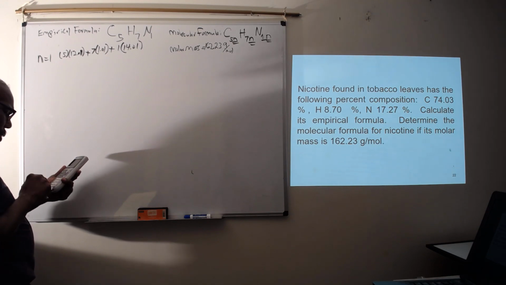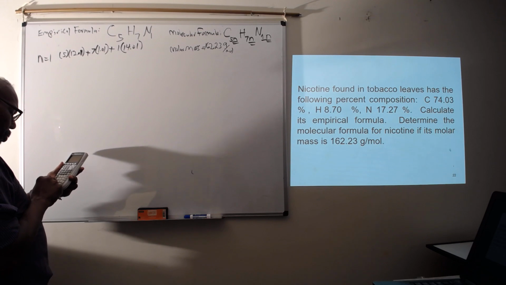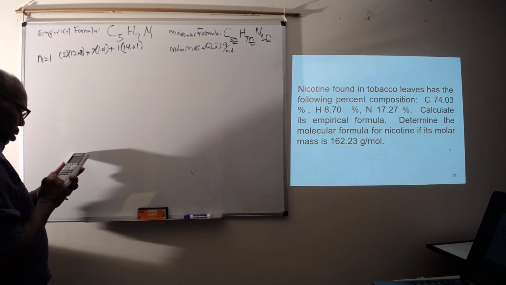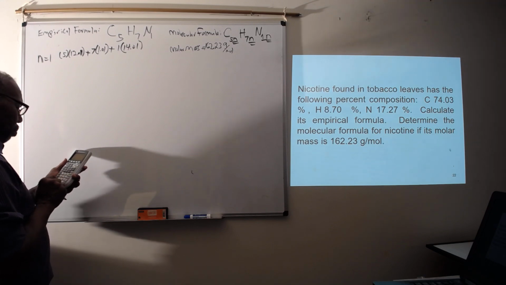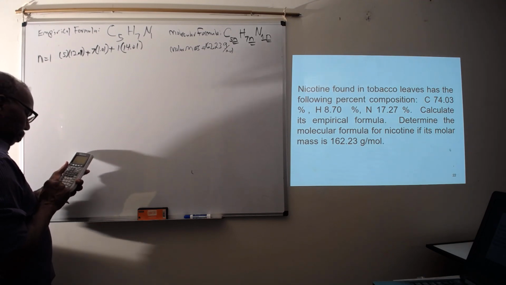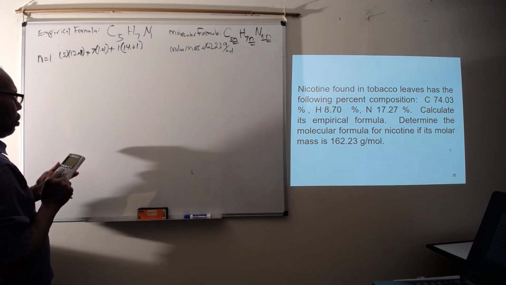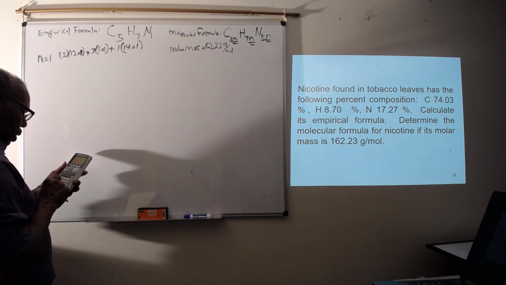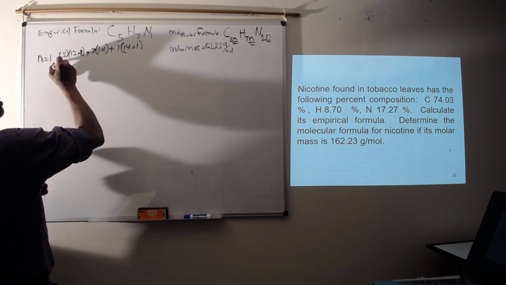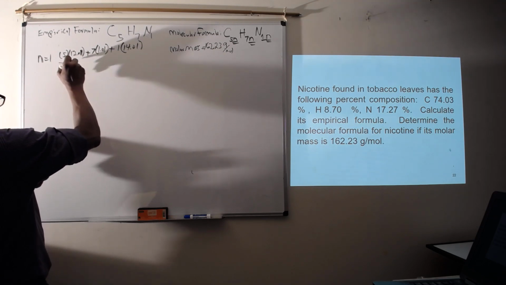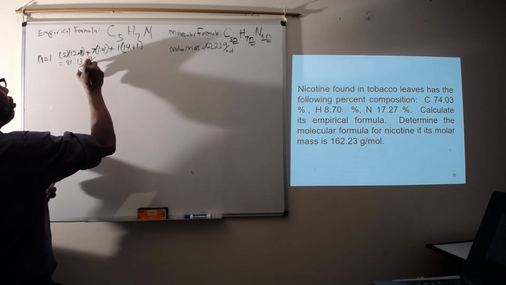And that will give us, let me get my calculator out, 5 times 12.01 is equal to 60 plus 7.07. That gives us 67.12 plus 14.01, and that's 81.13 grams per mole.